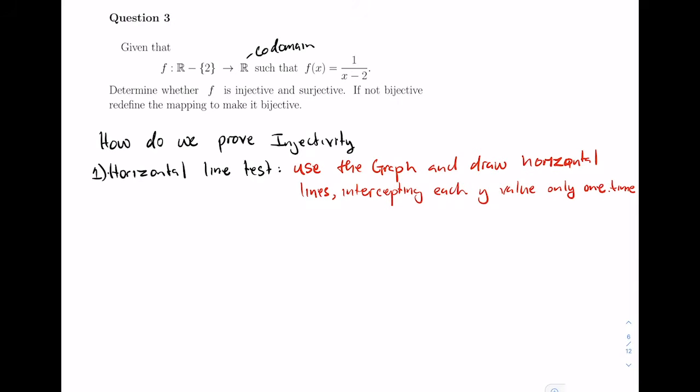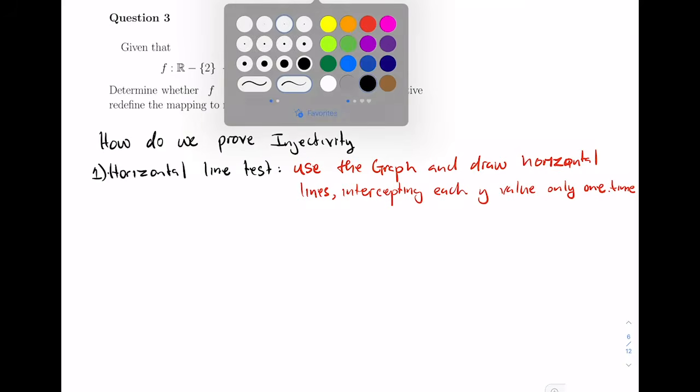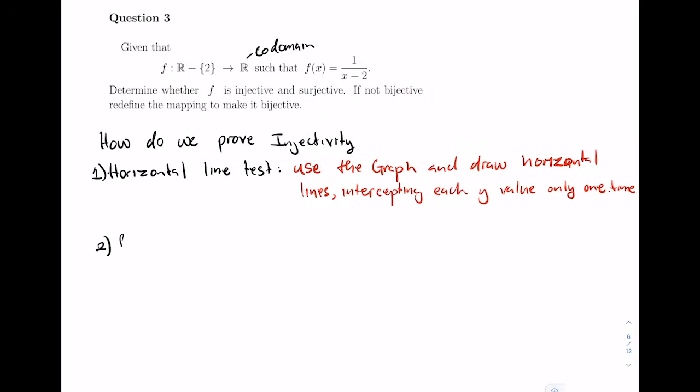Nice. Secondly, we have the f of a equals f of b implies a equals b proof. While this method is more of an algebraic method, the horizontal line test is a geometric method and it involves using the graph.